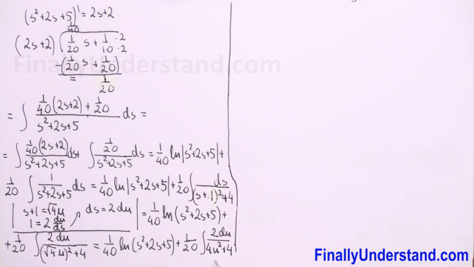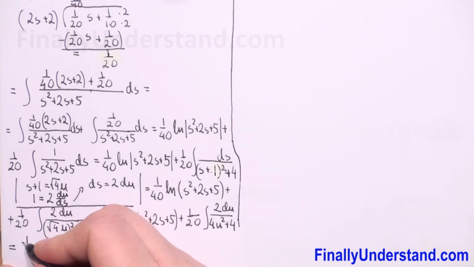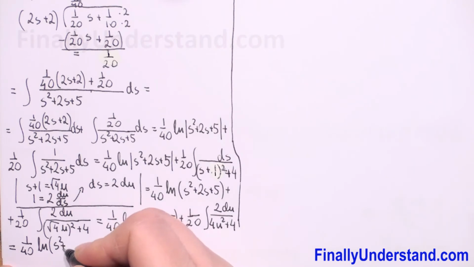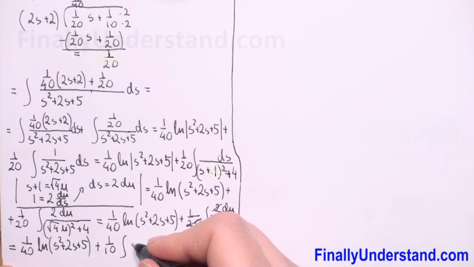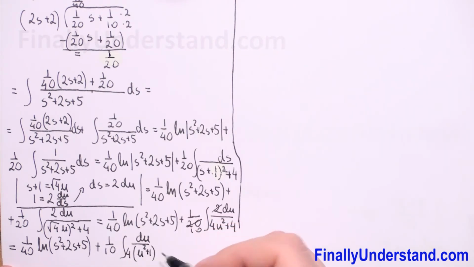Now we can factorize 4 in the denominator. The first expression we have to copy. We have 1 over 40 natural logarithm of s squared plus 2s plus 5, and we have plus 1 over 20, we can reduce with 2, so it will be 10, so we have 1 over 10 integral of du over, when we factorize 4 we will have 4 times (u squared plus 1).